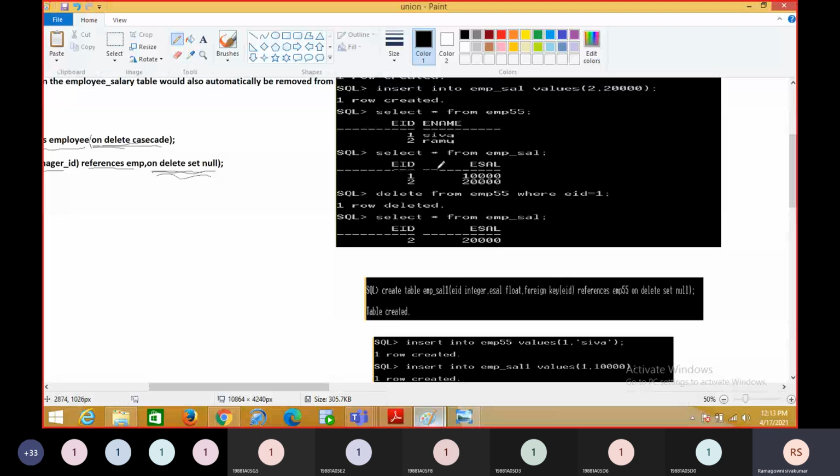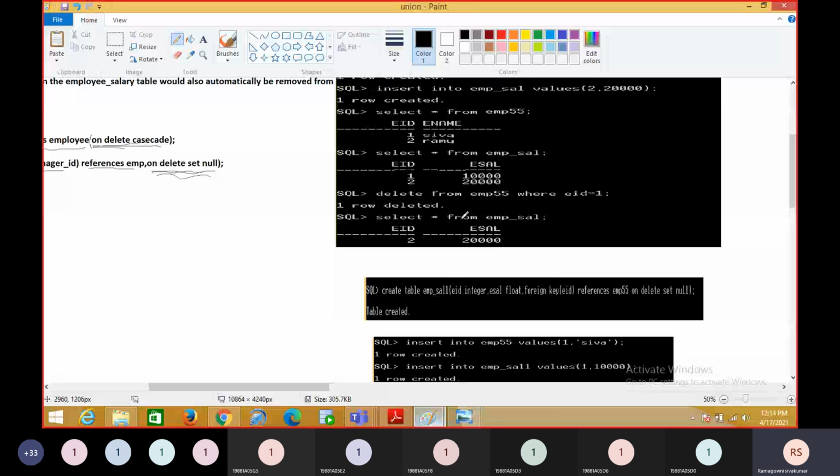Now I am performing the delete operation on one table: delete from employee55 where EID equals 1. That means I am deleting the first row, 1 Siva, in the employee table. If I delete here, that should affect the employee salary table also. Is it affected or not? We can see here.